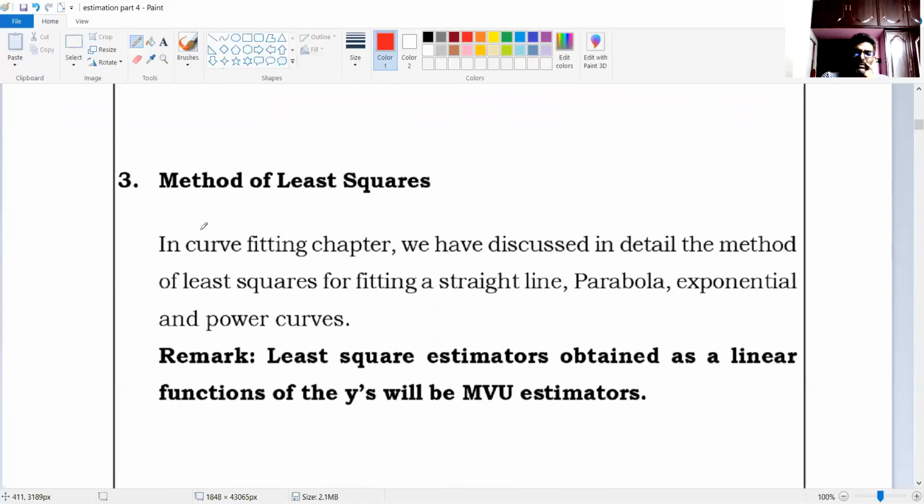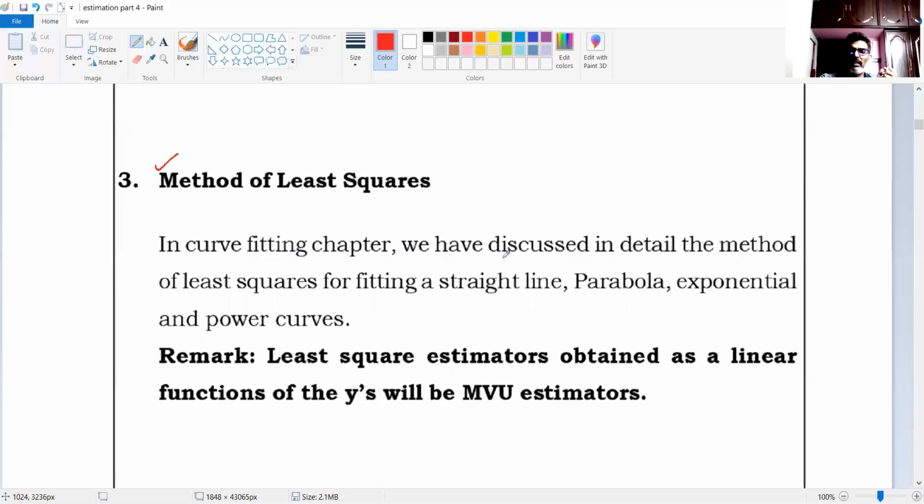Next, the third one, another very popular method: least squares. I already explained this concept in the curve fitting video lessons. Refer to the curve fitting video lesson. Sir already explained the method of least squares techniques. The same procedure and techniques are applied here, and you have to find the method of least squares estimators.